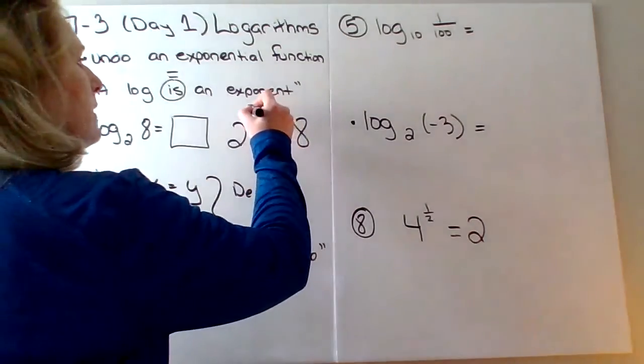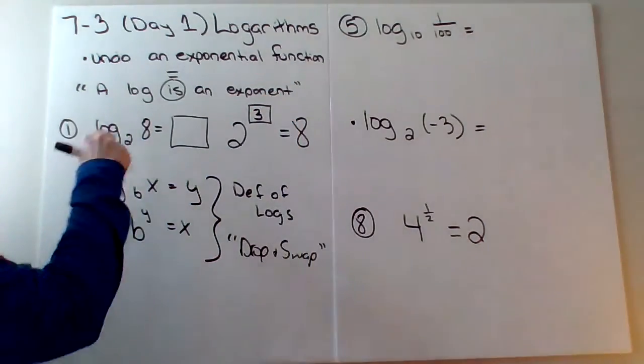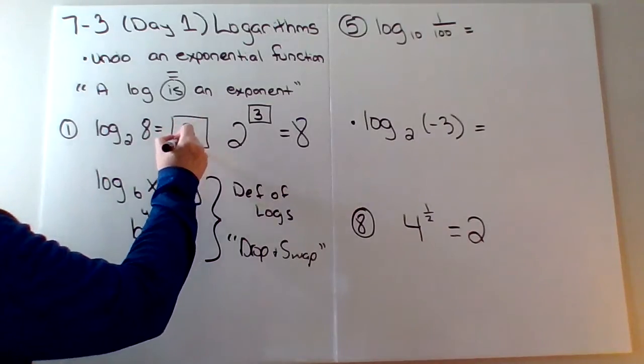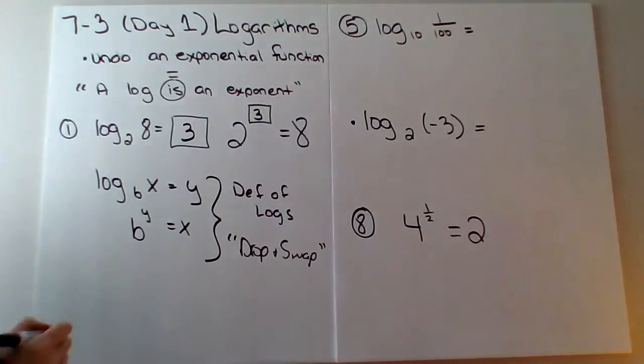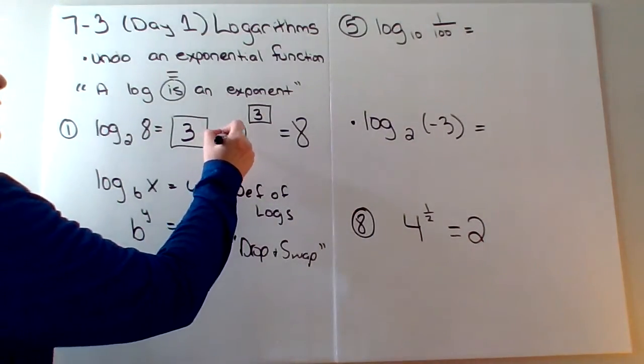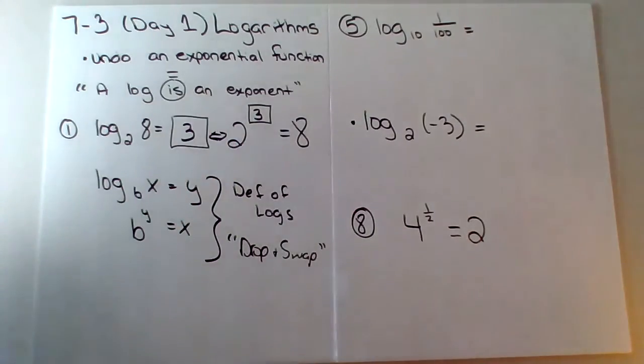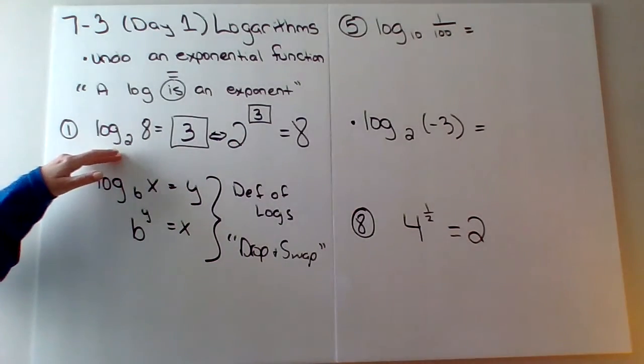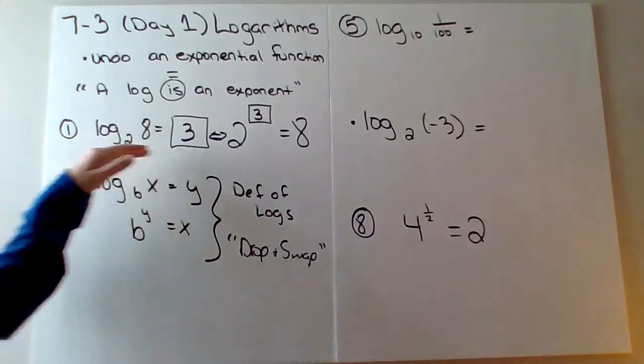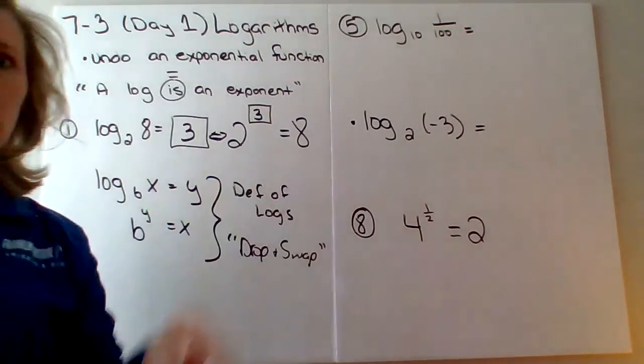That would be 3. So log base 2 of 8 equals 3. These are equivalent equations. This is the logarithmic version, and here is the exponential version.